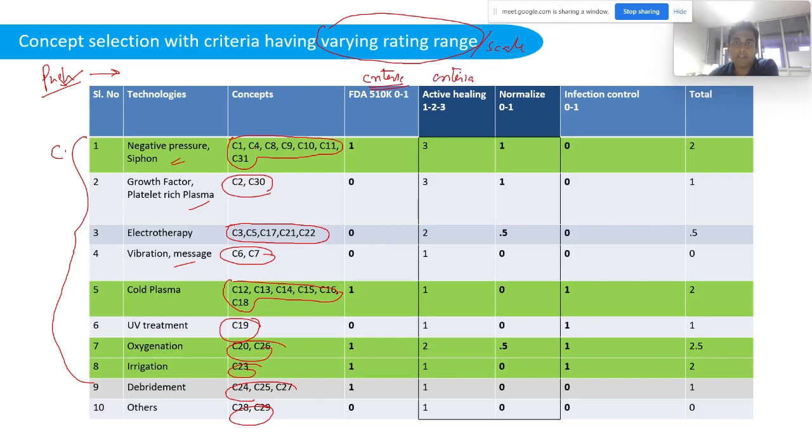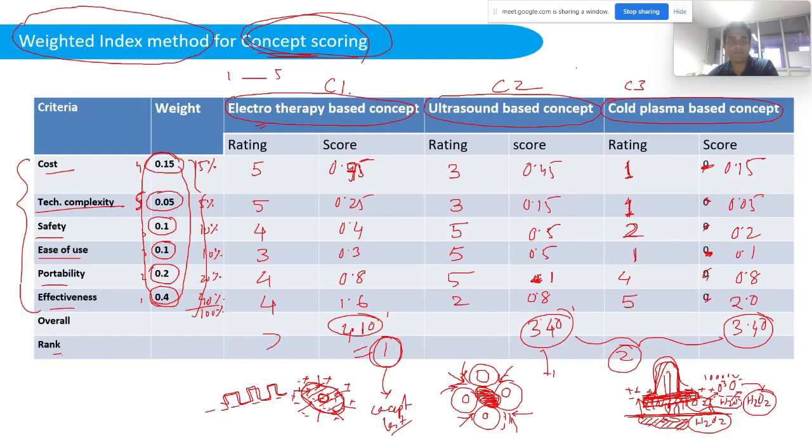They may not use a similar scale. For example, previously we used the same scale, right? We used 1 to 5 for all the concepts. We just assume something and put it. Maybe we consider this as expert opinion. However, for everything they have a range. There can be a minimum value, there can be a maximum value, and we consider this range is the same and the scale is also the same.